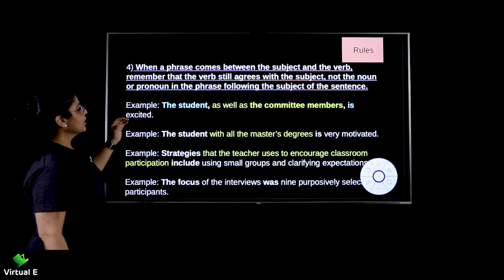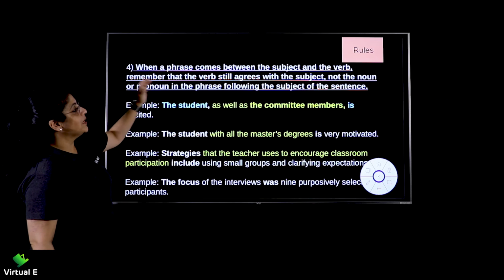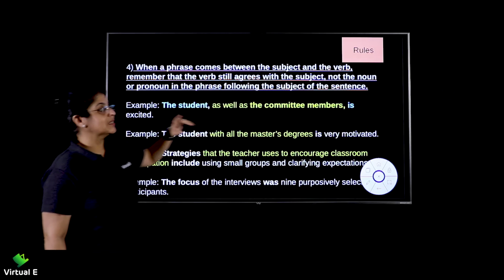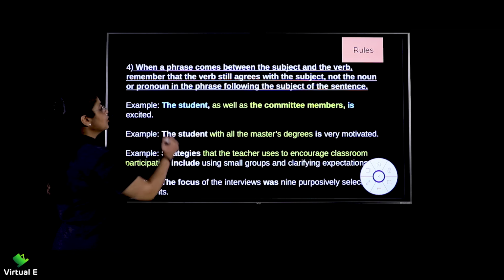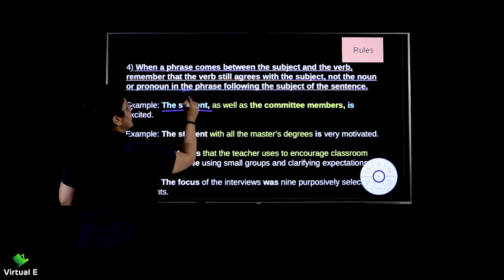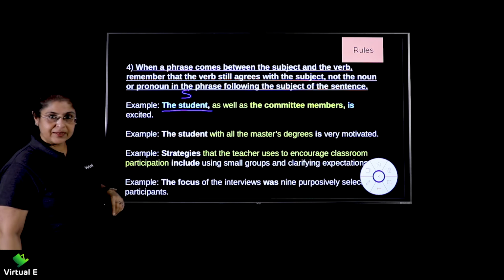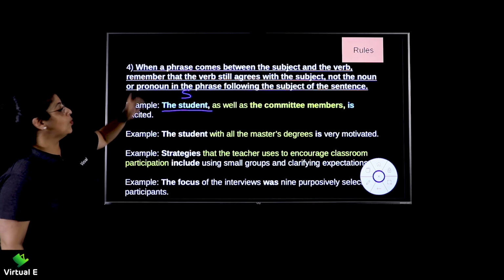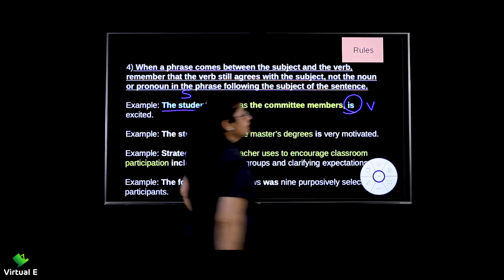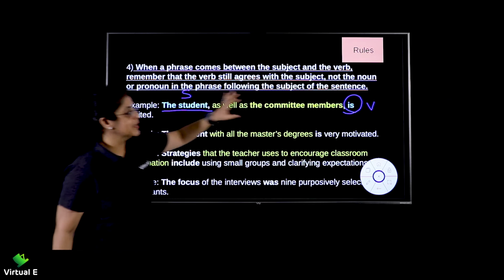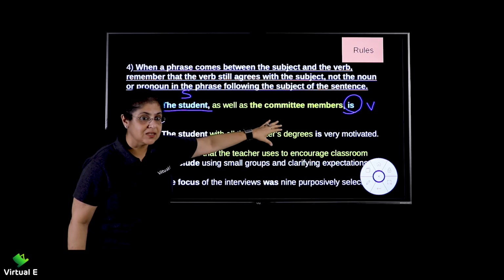Let's do it here. So, the example here is, when a phrase comes between the subject and the verb, which is our subject here, who is doing the action? The student. Now, the student is our subject, correct? Right? Perfect. Now, what is the verb? The verb is. Alright? Now, between the subject and the verb, can you find a phrase? Yes.